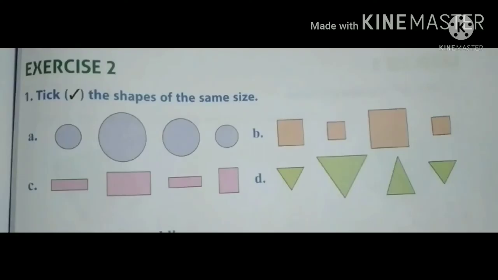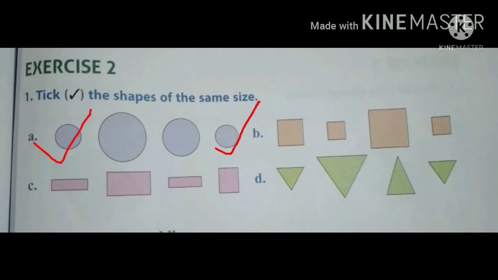Next, let us solve the exercise number 2. The question, tick the shapes of the same size. Here we have to find out the shapes of same size. The first one, you can see 4 circles. We have to find out the circles of same size. Tell me children, which circles have the same size? Yes, the first and fourth one.